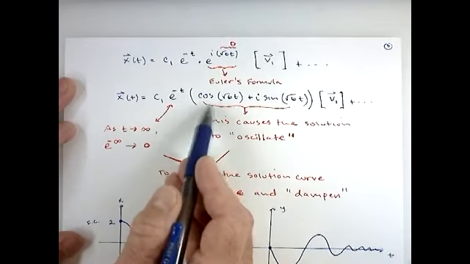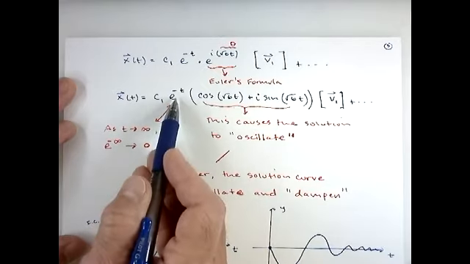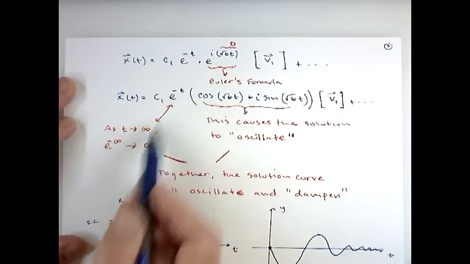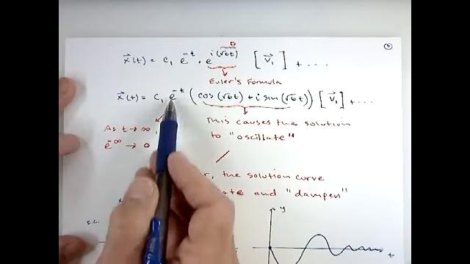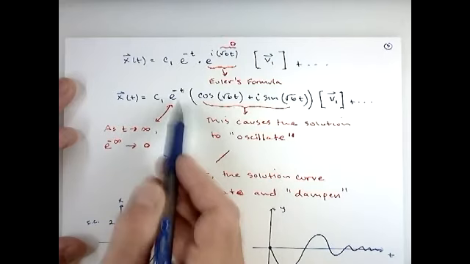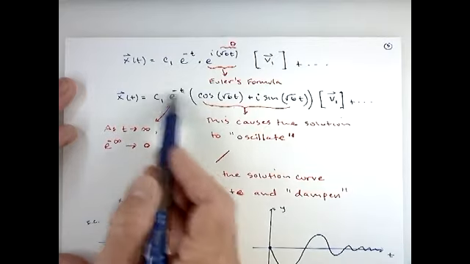So this part's going to cause oscillations in our solution. And what's going to happen to those oscillations comes from this part right here. As t goes to infinity, we know that e to the negative infinity would approach 0. So eventually, I can tell just from here that my solution's going to go back to 0 for both x and y. So I already know this is going to be stable just from this right here.